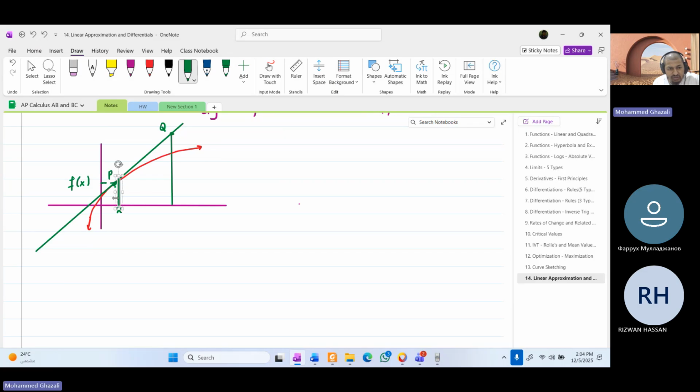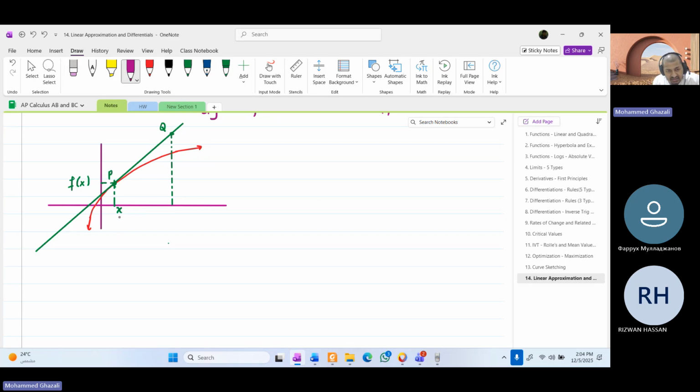Because we're learning what a differential is, I'm going to break up the line here, put broken lines. So I'm taking a horizontal distance from X to point Q.